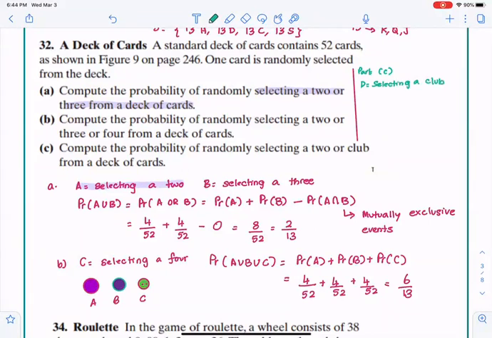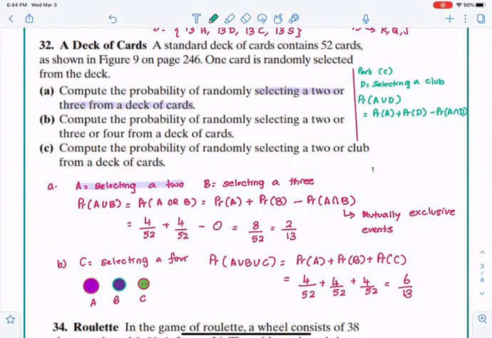So part C wants to find the probability of A or D. So you either select a 2 or you select a club. So that would be equal to probability of A plus the probability of D minus the probability of A and D, according to the addition rule.